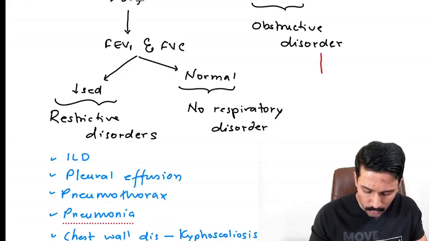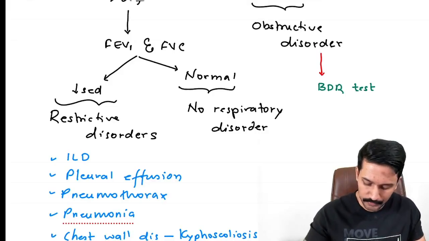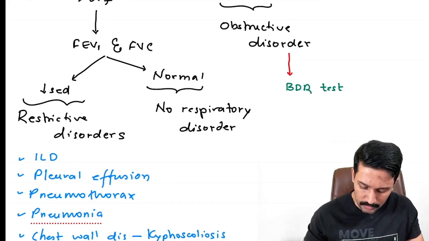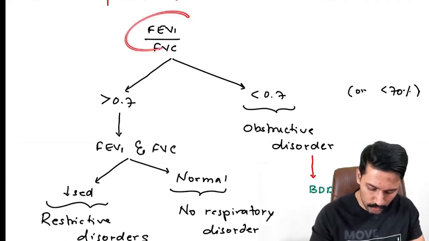If it is an obstructive disorder, the next step is what we call the bronchodilator reversibility test. What do we do in this test? We would already know the patient's baseline FEV1, which we have already done for calculation of this ratio.